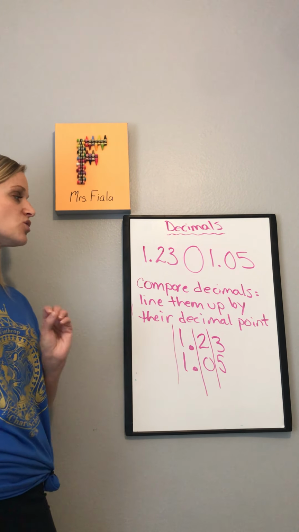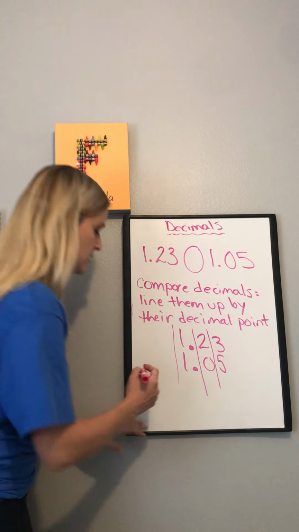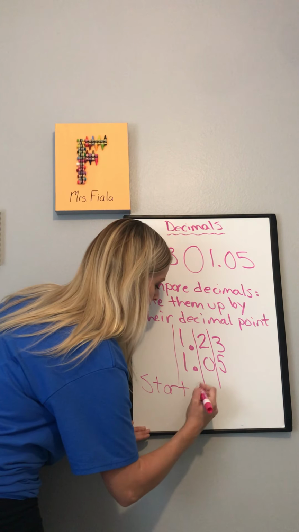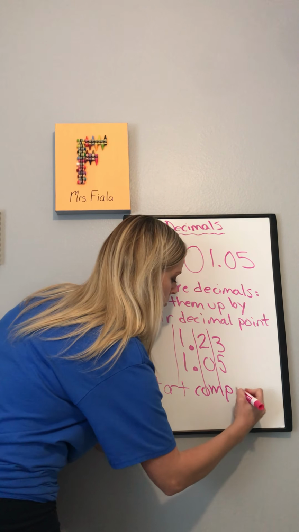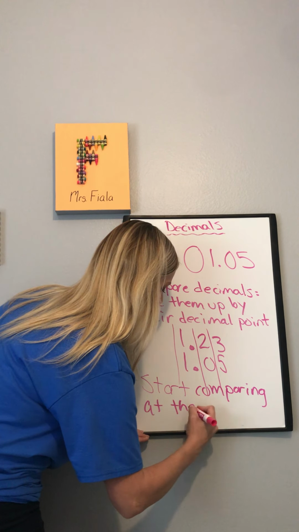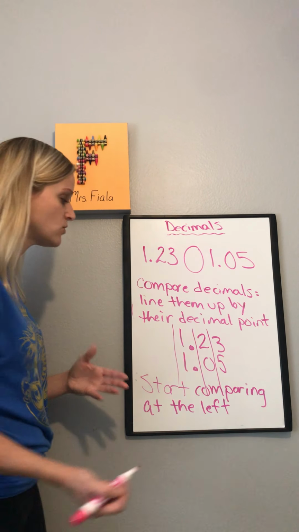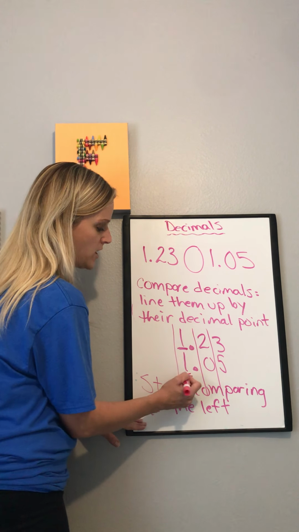Now I'm going to start comparing to the left. Start comparing at the left, just like we compare regular whole numbers, okay? So I'm going to start comparing here. 1 and 1.